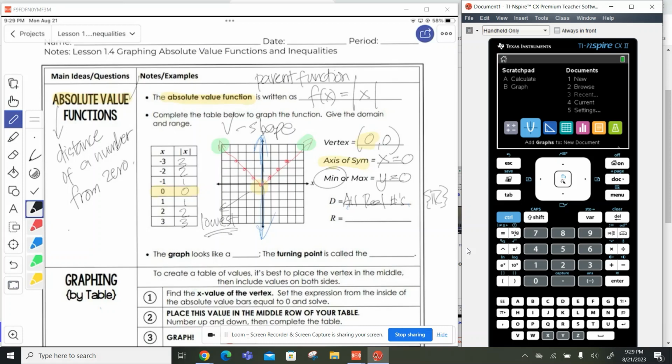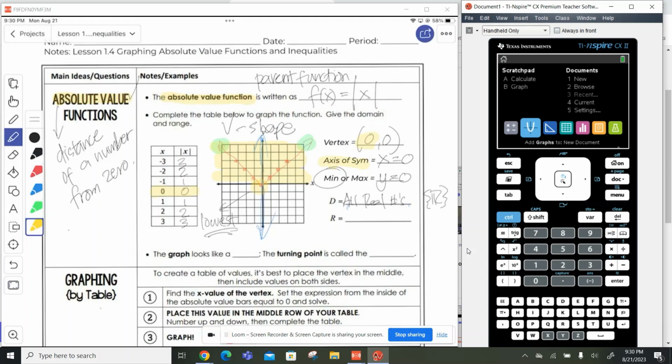Then for our range, looking at the graph, the points are all above y equals 0.